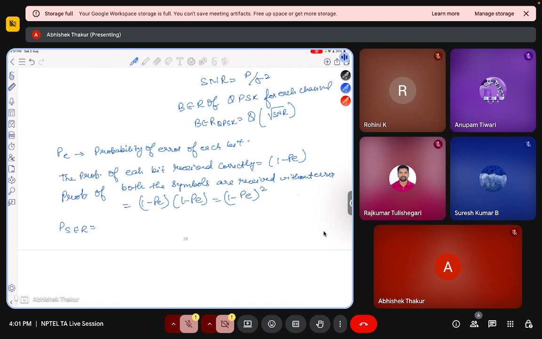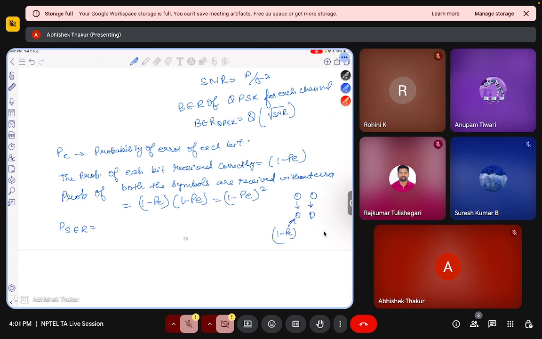See, there are two bits, 0, 0. To receive the symbol correctly, we need to receive both bits correctly. Sir, you said the symbol is 0, 0 and the bit is 0. The symbol is only 1 and the bits are 2. Yes, that is why I said the probability that both the bits are received.